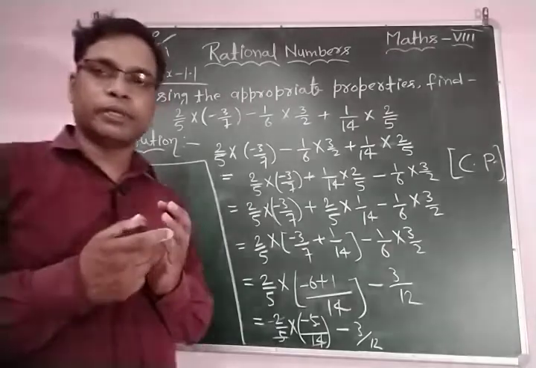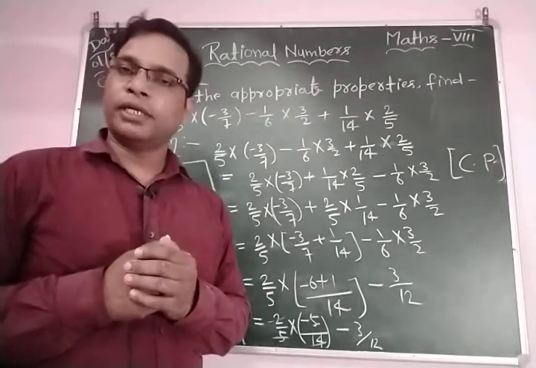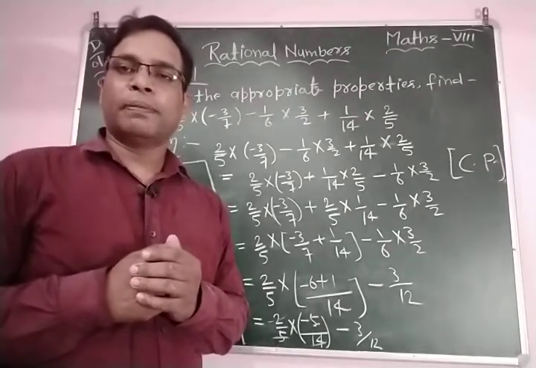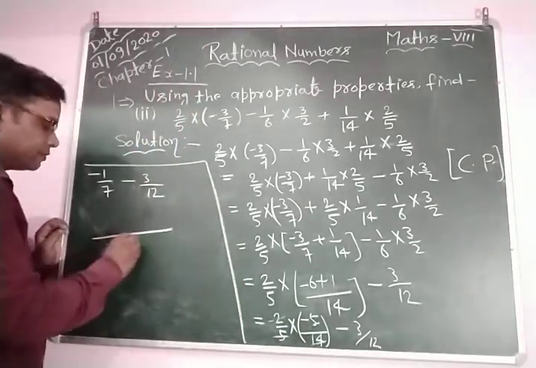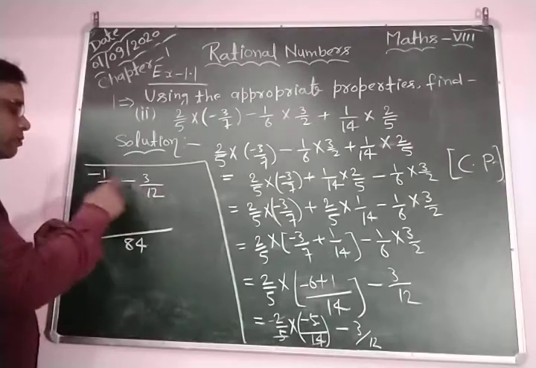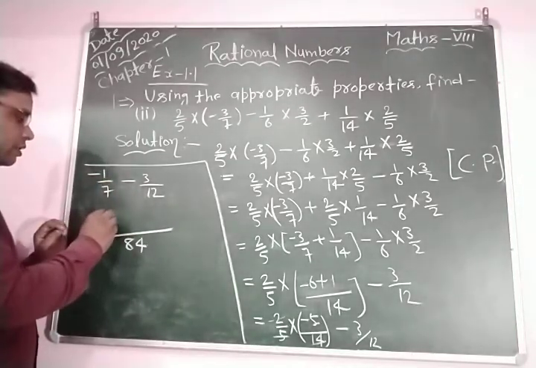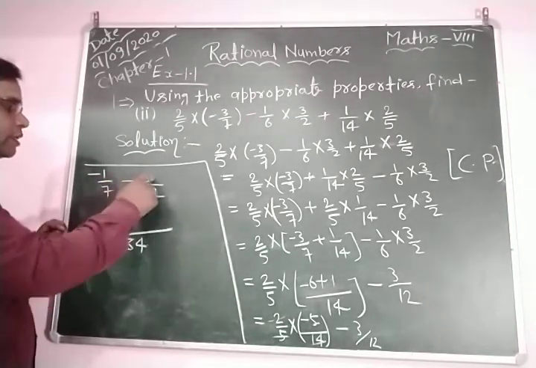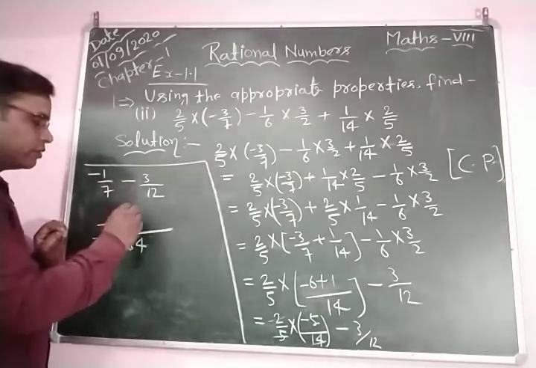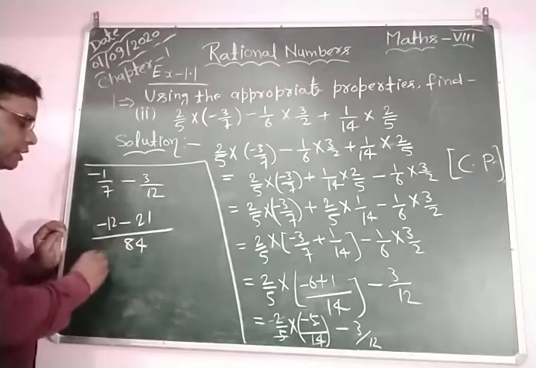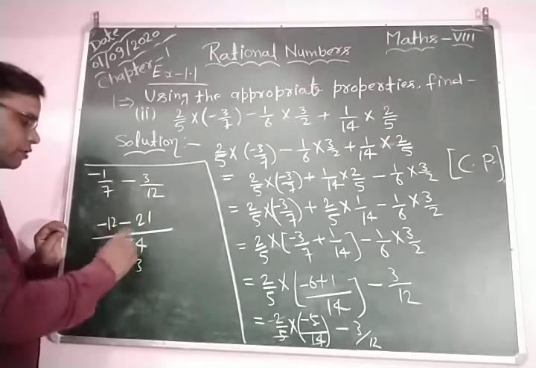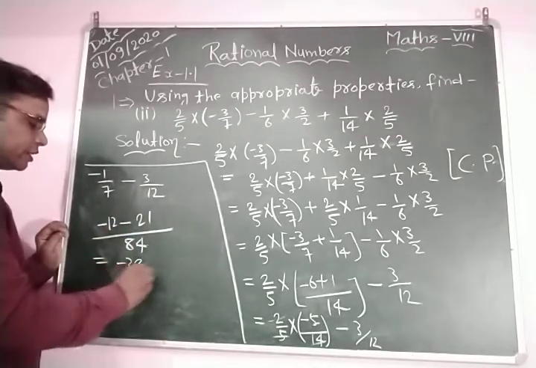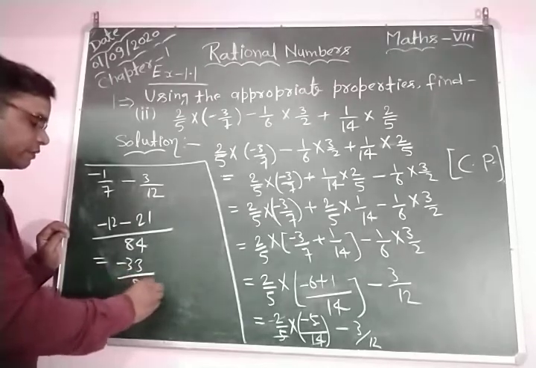Their multiplication is their LCM, because 7 is a prime number. So 84 is the LCM. 12 into 1 is minus 12, and 7 threes are 21, and adding them gives minus 33 by 84.